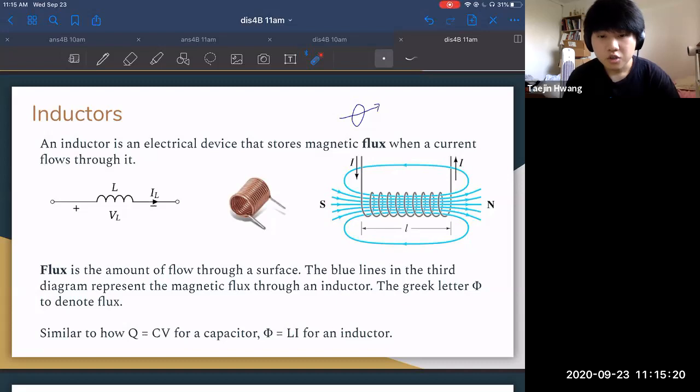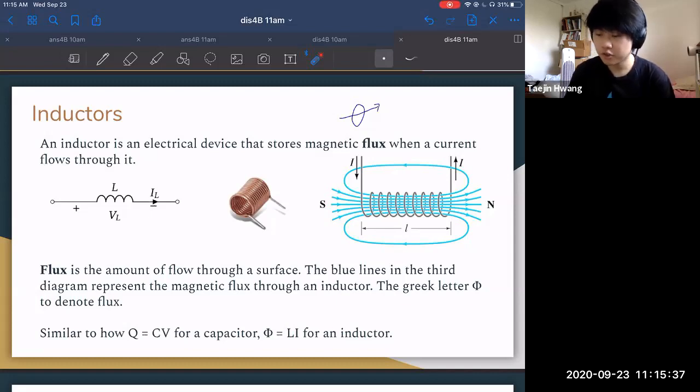And for notation's sake, we often use the Greek letter phi to denote the actual flux that flows through an inductor. You can think of flux as the analog for charge in an inductor.